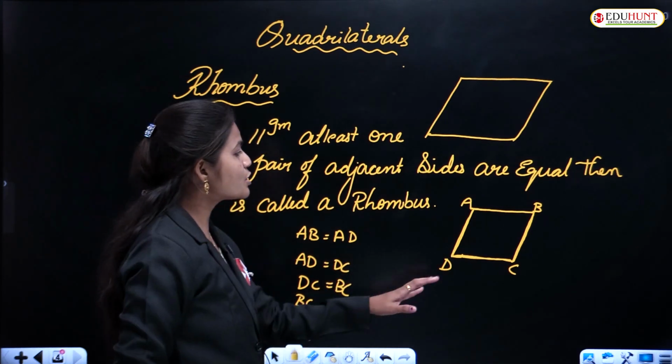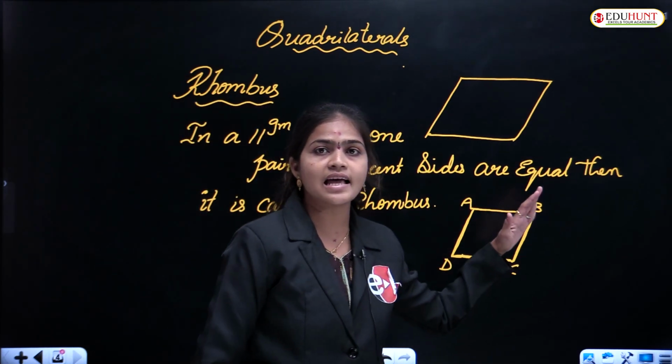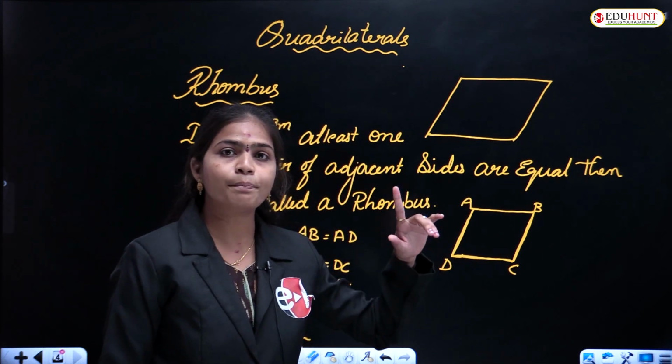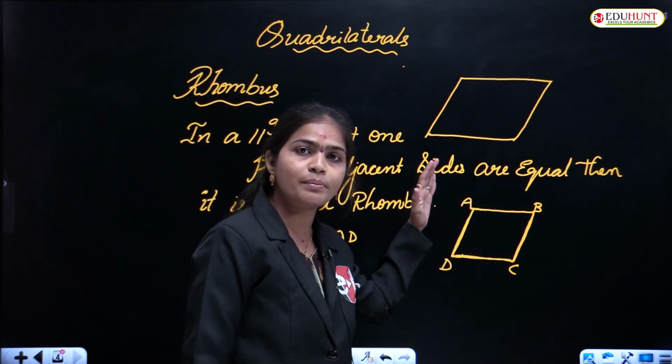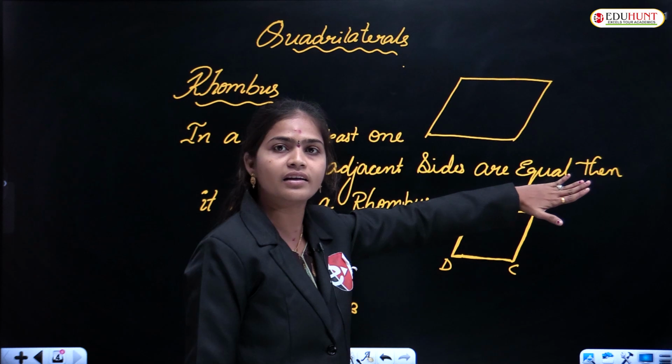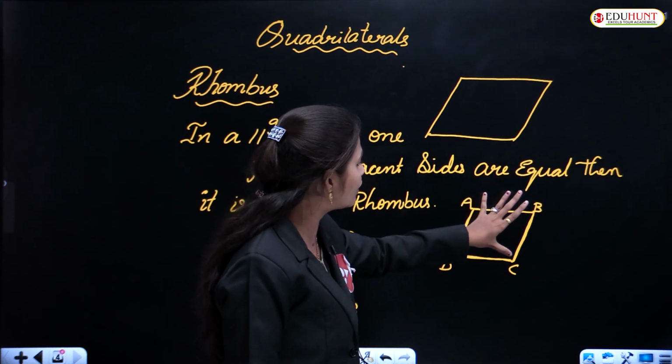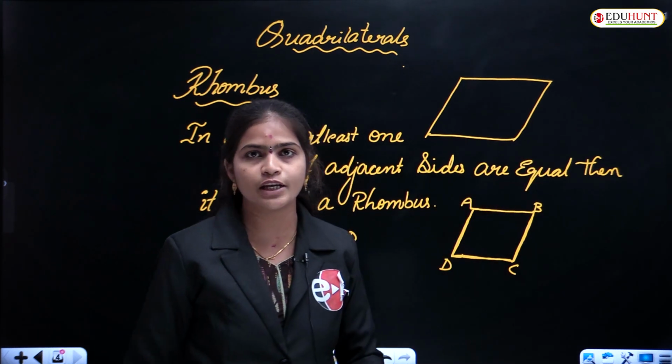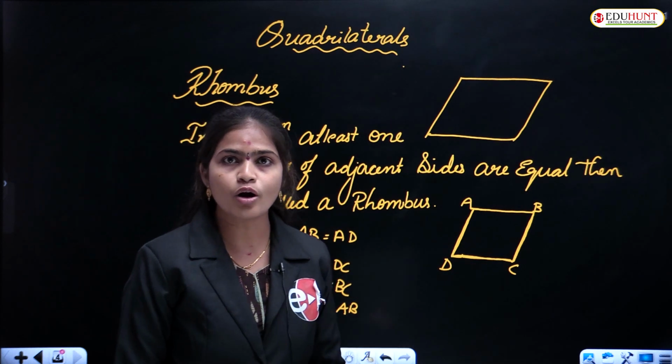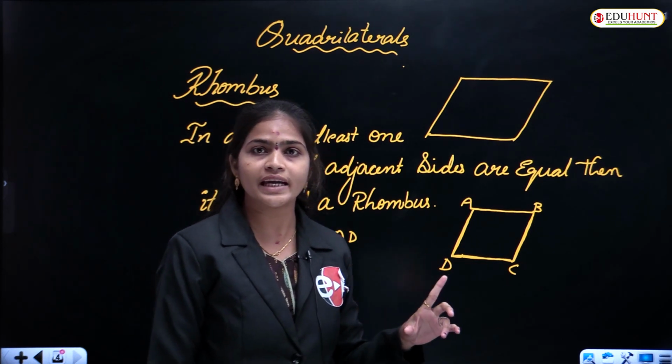If at least one pair of adjacent sides are equal, then automatically the other two adjacent sides are also equal. So in a rhombus all sides are of equal length.